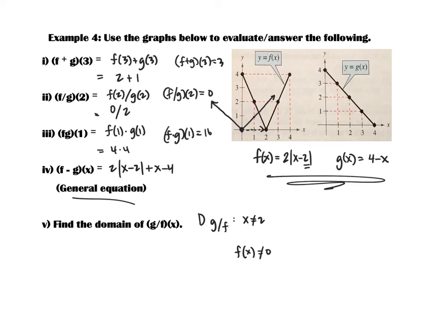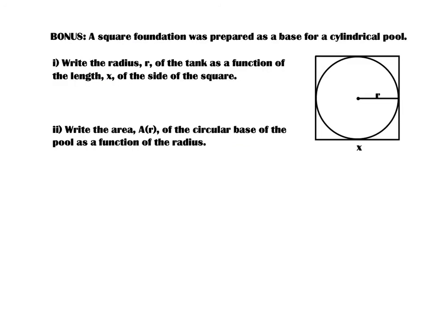Okay, guys, I've got one last slide for you. It's a bonus slide, so if you're up for the challenge, go ahead and join me. We have a square foundation that was prepared as a base for a cylindrical pool, so we've got a circular pool on this concrete pad. Let's write the radius, r, of the tank as a function of the length of one of its sides.